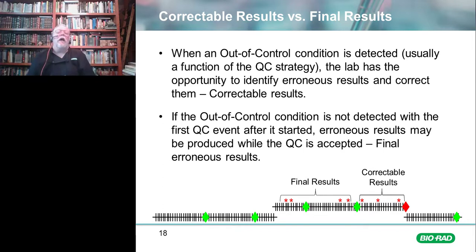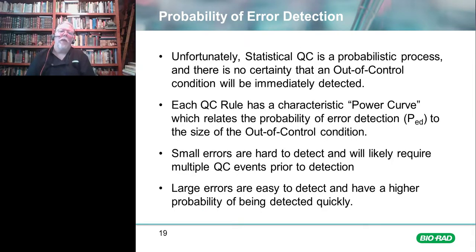So when we design our QC strategies, what we really want to control is we want to minimize the final erroneous results. So that's what we're looking at. Now, this depends on what's our probability of error detection. Well, as I said, you don't have certainty that your QC strategy is going to detect an out-of-control condition.